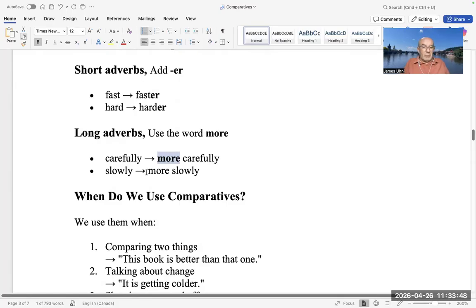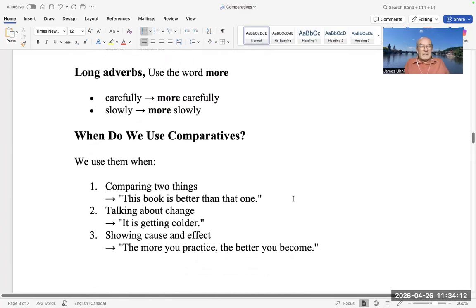Slowly, more slowly. If I say, my uncle drives slowly, but my aunt drives even more slowly. We don't say slower, it's more slowly.